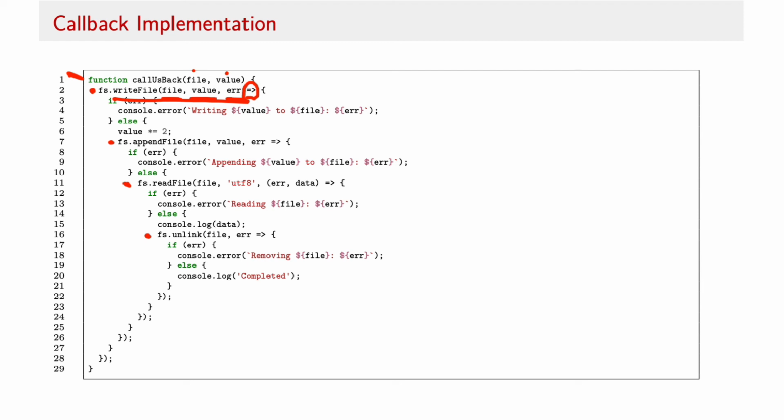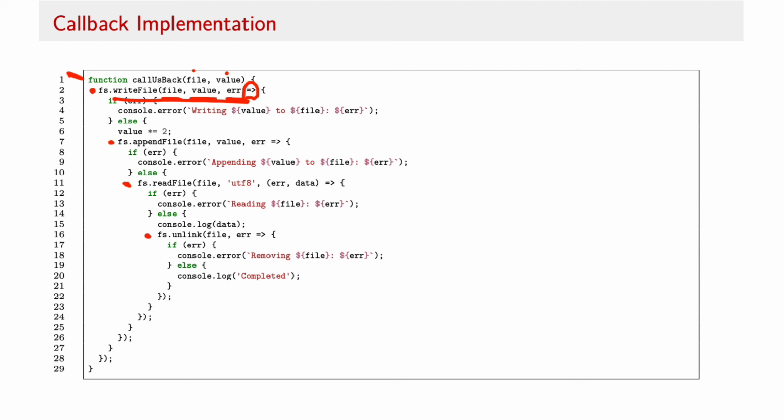If that value is false, then everything worked okay. If there are other parameters, those should reflect the result of the operation. If that error parameter is truthy, it's going to contain an error object that we can then use to try to figure out what went wrong and maybe recover from the error.